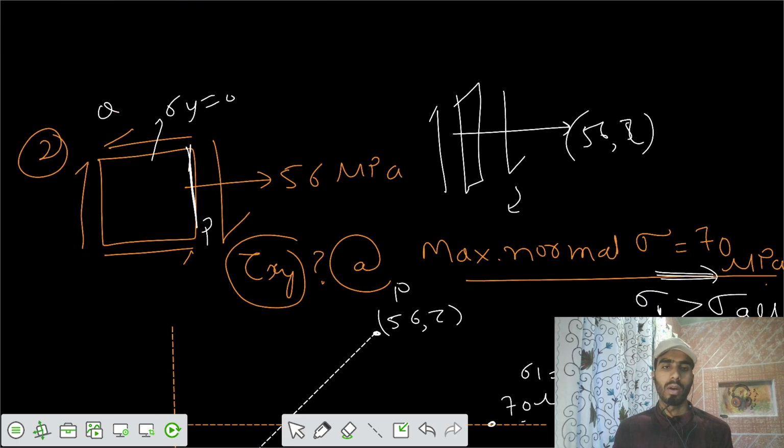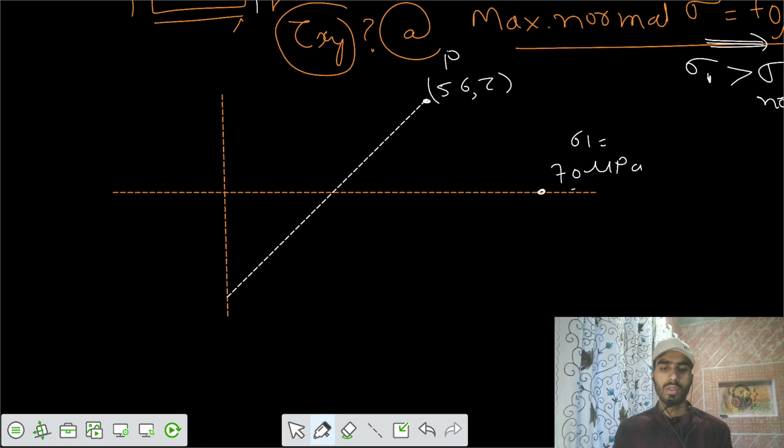So we have plane Q, on which there's no normal stress, sigma 0, comma, and the shear stress is anti-clockwise, so minus tau. So this point, plane Q, is 0 comma minus tau.